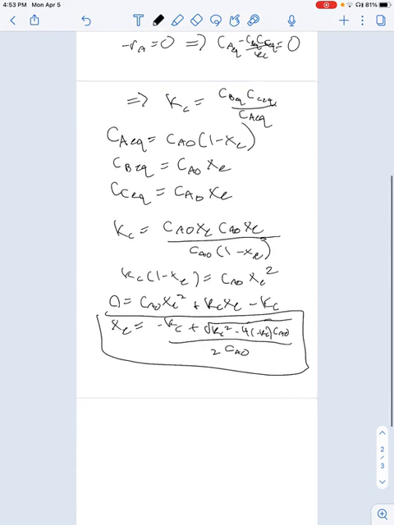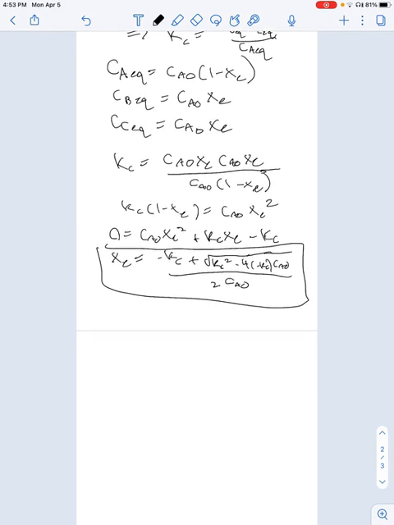So for part B, it asks at 300 Kelvin to calculate it. We're given that Kc equals 1. Otherwise we would need to use the equation up above to plug in the temperature and calculate it.